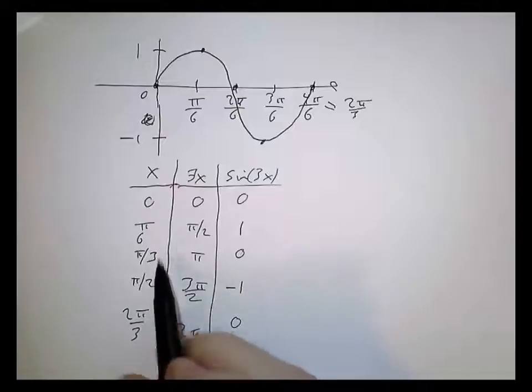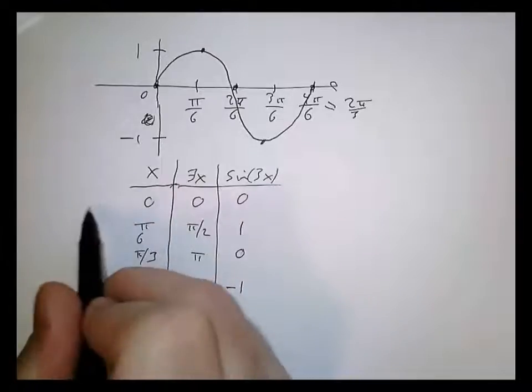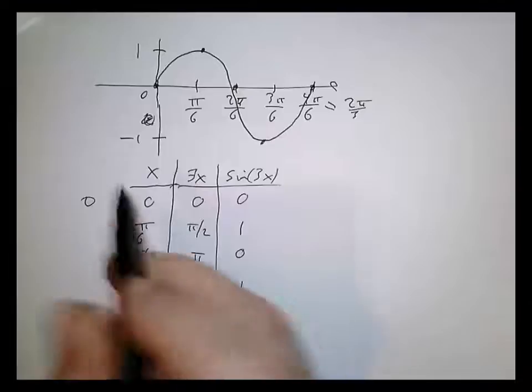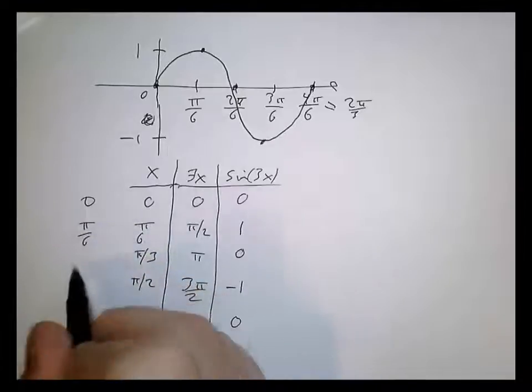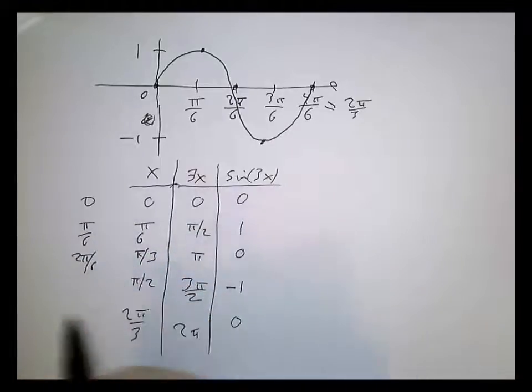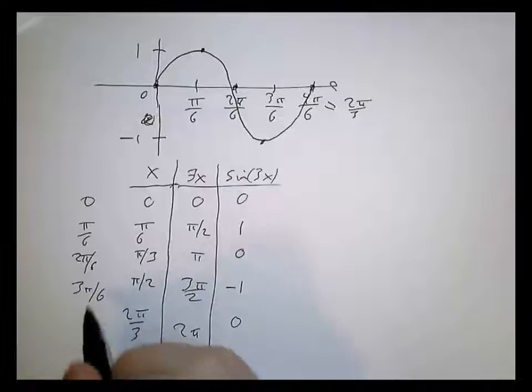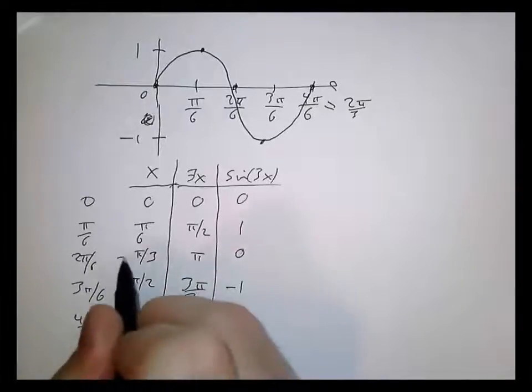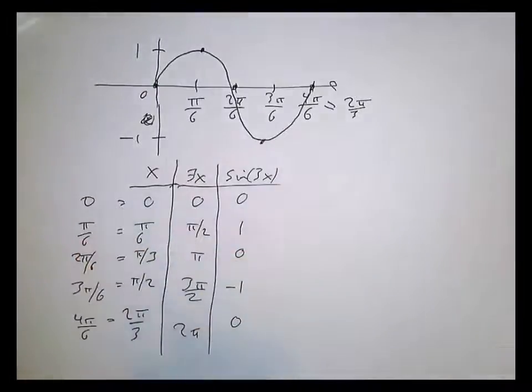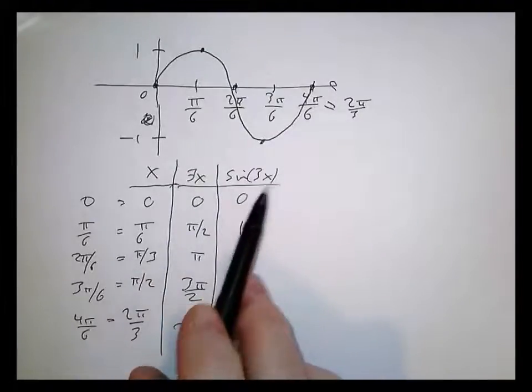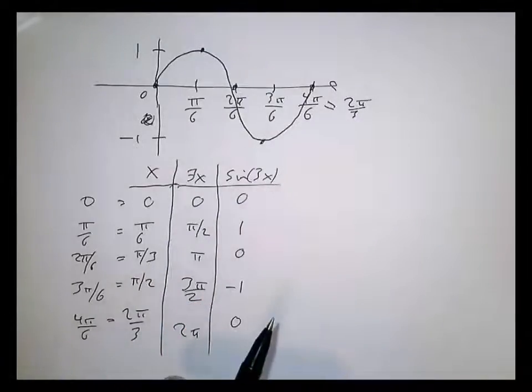Right? And again, what is this? This is 0. This is pi over 6, 2 pi over 6, 3 pi over 6, 4 pi over 6. Right? If I don't reduce, I see that all these are evenly spaced. And they have to be 1/3 of what they were so that my sine value, I get the same value up here.